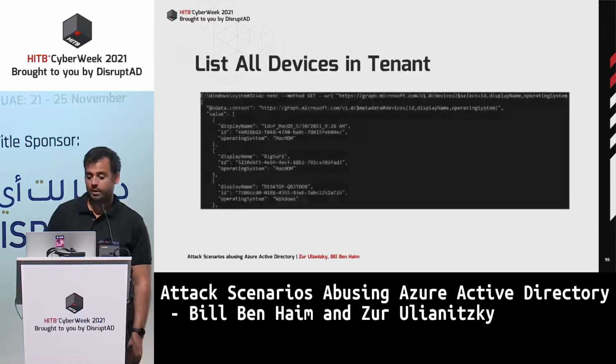First, the attacker needs to enumerate different devices within the Azure AD tenant to better understand and adjust the payload to the operating system he's going to attack. In this case, he's going to choose the Windows machine, and this will be the attacker's objective.